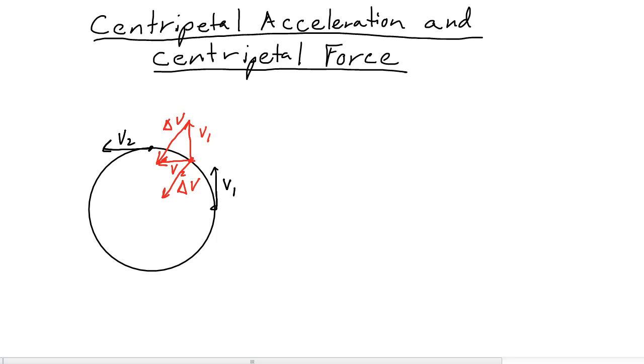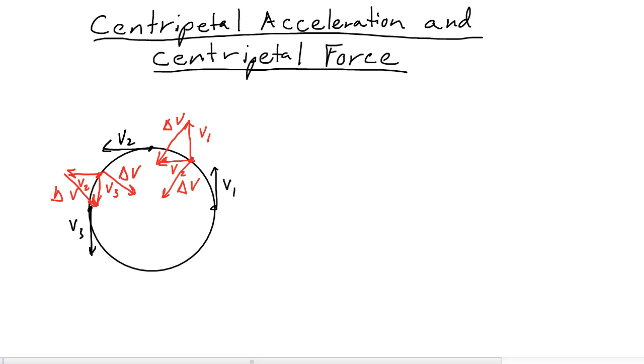If I were to repeat this process, maybe go from v2 to v3, I would see something similar. So as I go from v2, which is pointing that way, to v3, which is pointing down, I see that I have a similar change in velocity that points toward the center.